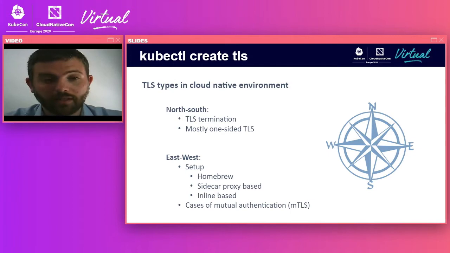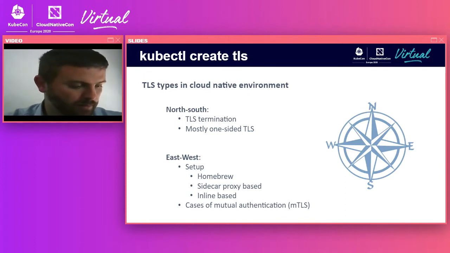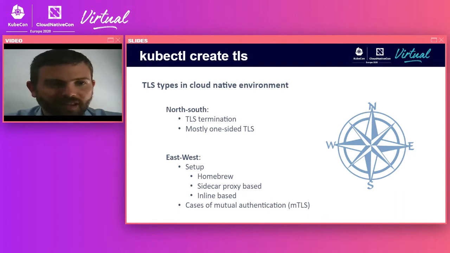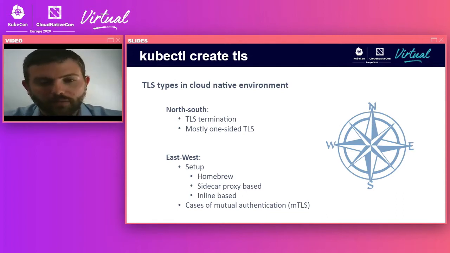And usually we terminate it somewhere at the beginning, because application load balancers and ingress controllers want to look into the traffic at the application level in order to do intelligent stuff. On the other side, we have the east-west traffic.